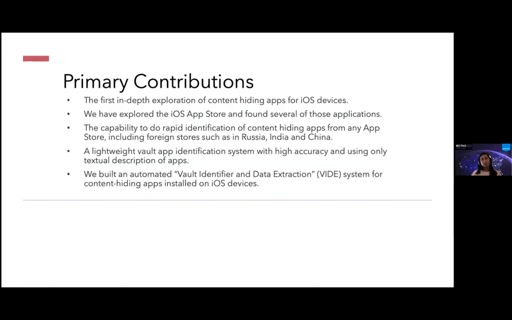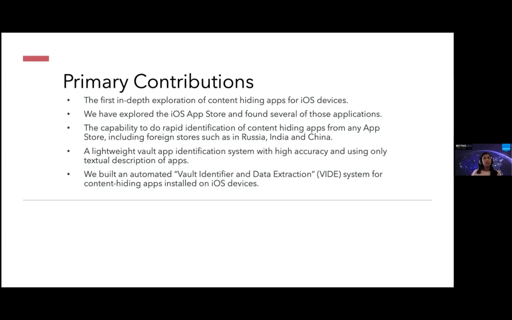This specific publication is also the first in-depth exploration of content hiding applications on iOS devices. We have explored the iPhone's App Store, that is the iOS App Store from Apple, and we have found several of those applications. So in a sense, several hundred applications.